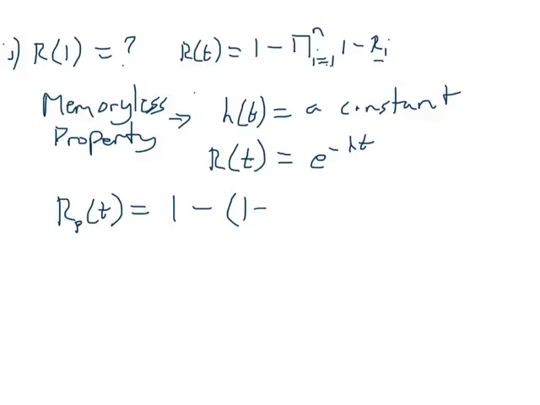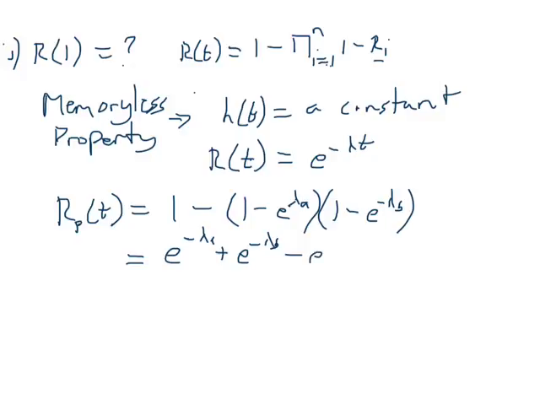So it's (1 minus e to the minus lambda a t) multiplied by (1 minus e to the minus lambda b t), and this always turns out to be e to the minus lambda a t plus e to the minus lambda b t minus e to the negative (lambda a plus lambda b) t.